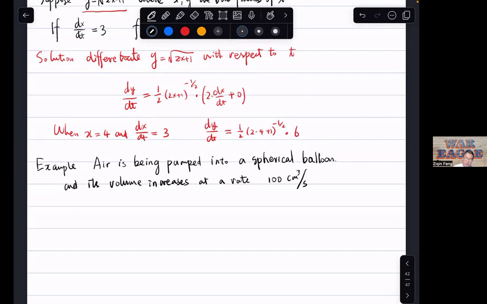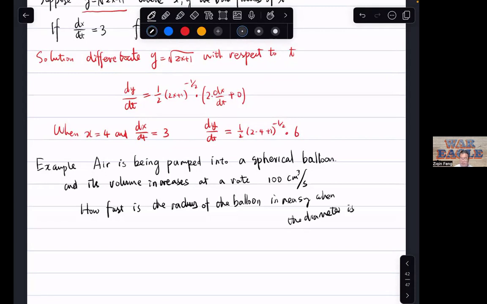Now we want to know how fast the radius of the balloon is increasing when the diameter is 50 centimeters.